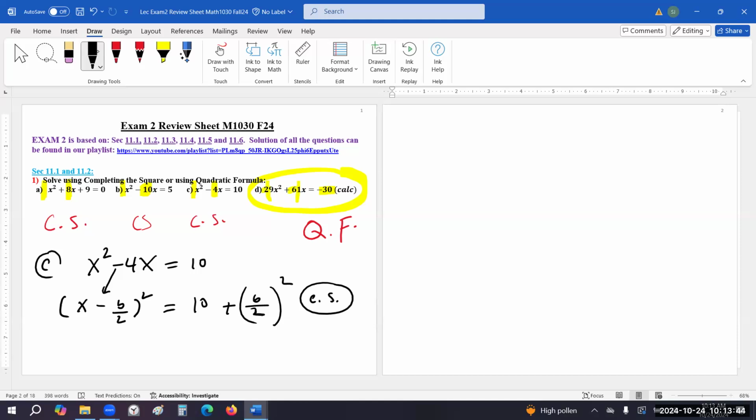So we rewrite this as x, and then we keep the sign, b over 2 inside the parentheses, outside the square goes. And then if you have a constant here, you keep your constant here, but we have our constant on the other side, so no problem. We kept our constant on the other side, and we added the same amount, but in the square.